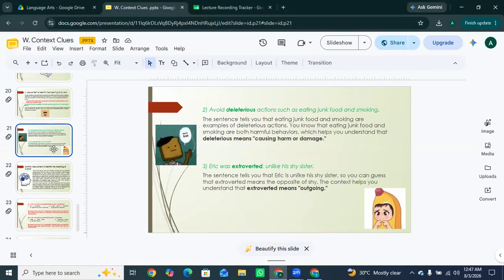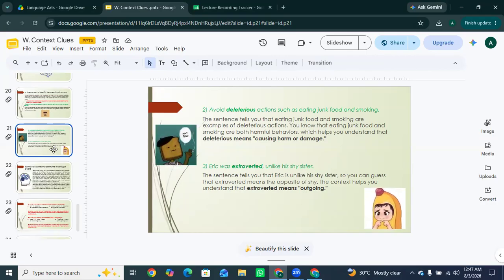The target word is deleterious. The sentence lists eating junk food and smoking as examples. Since both of those are bad for your health, the word must describe a bad action. So deleterious means causing harm or damage.